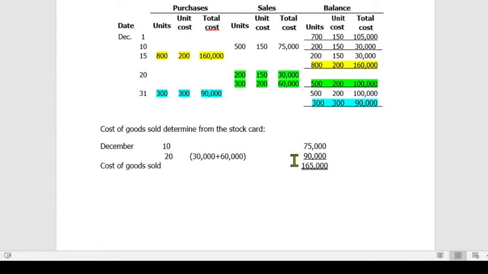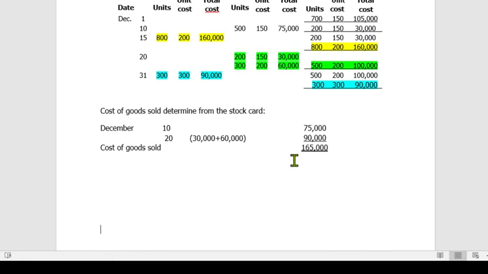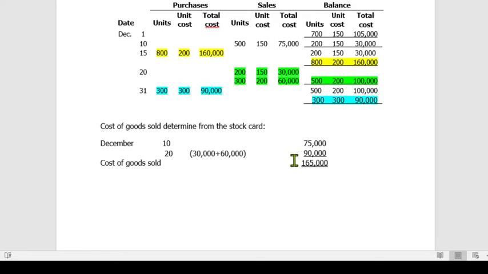Okay, so magkano na lang ba ang balance natin? So, using the stock card, madali mo siyang makukompute kung magkano ang cost of goods sold.